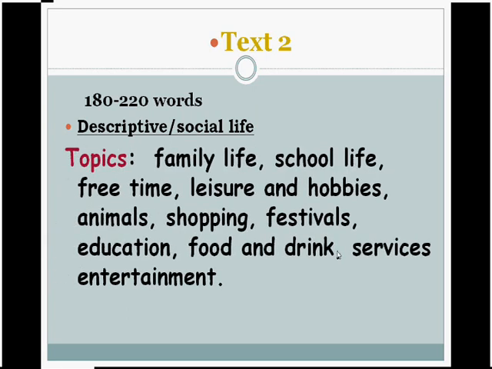The topics we have are family life, school life, free time, leisure and hobbies, animals, shopping, festivals, education, food and drink, services and entertainment. Most of these words you know, but let's look at the word leisure together.